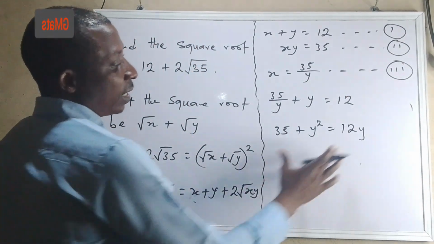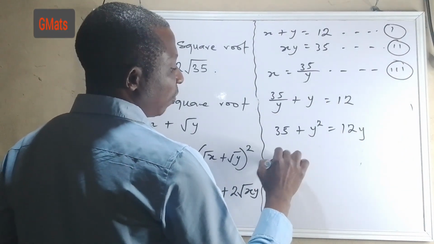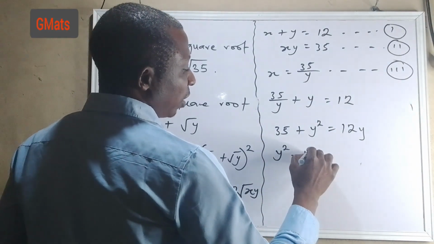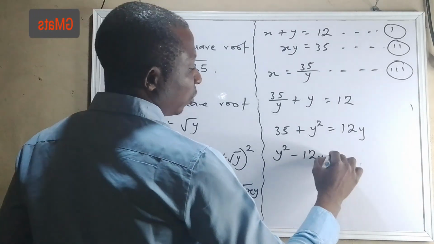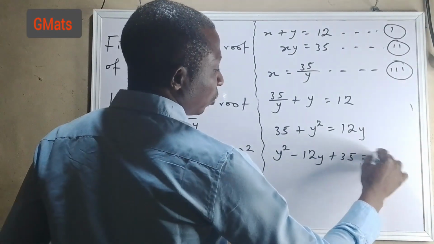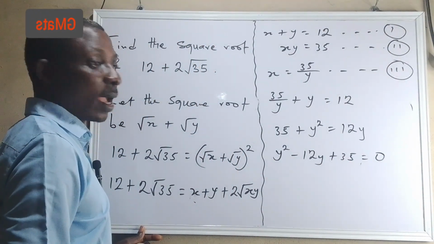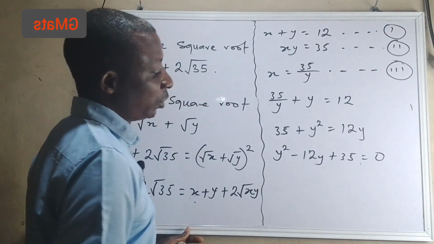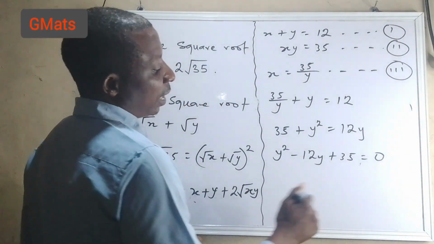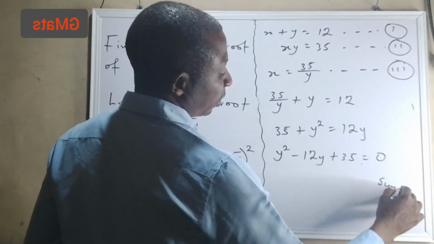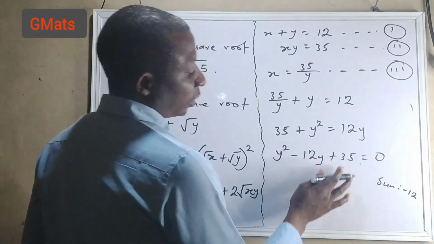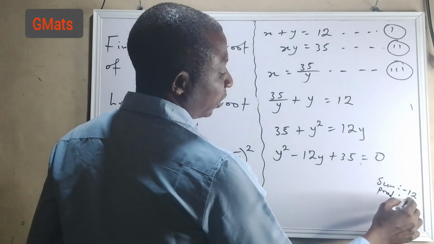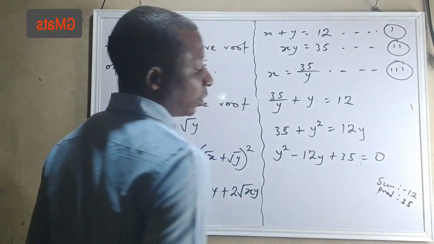All right, now let's rearrange this equation. We have y squared minus 12y plus 35 equals 0. Now let's solve this quadratic equation. The sum is minus 12, the product is 35.